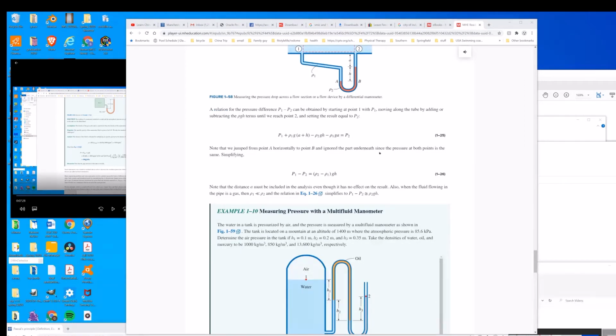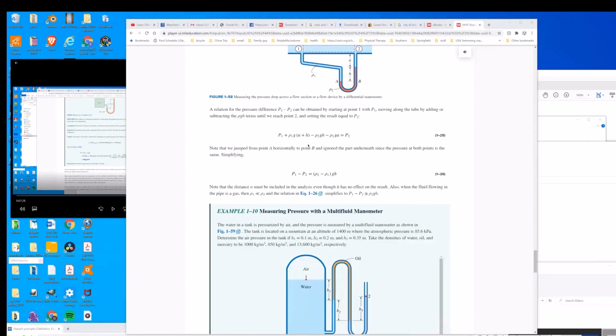Okay, we can go ahead and simplify this equation, right? If we take P1 minus P2, which is what we're really looking for, subtract both sides by P2, and then take everything else and put it on the other side of the equation by itself, what you're going to recognize is this rho 1 g plus A, we have a negative term here, and then we have a positive term over here, so essentially those two cancel out, right?